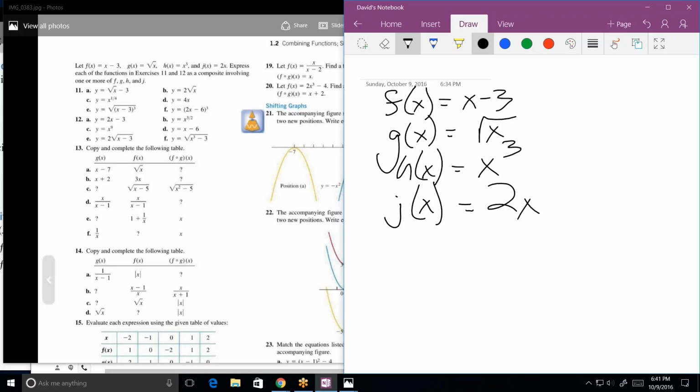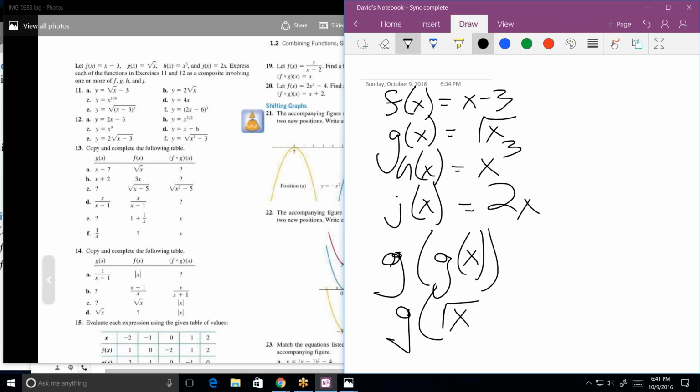Okay, so what is it a composite of? In other words, they didn't tell you you had to use two different functions. You can have g of x. This is what we are looking at, right there. Why? Because we're looking at g of the square root of x.